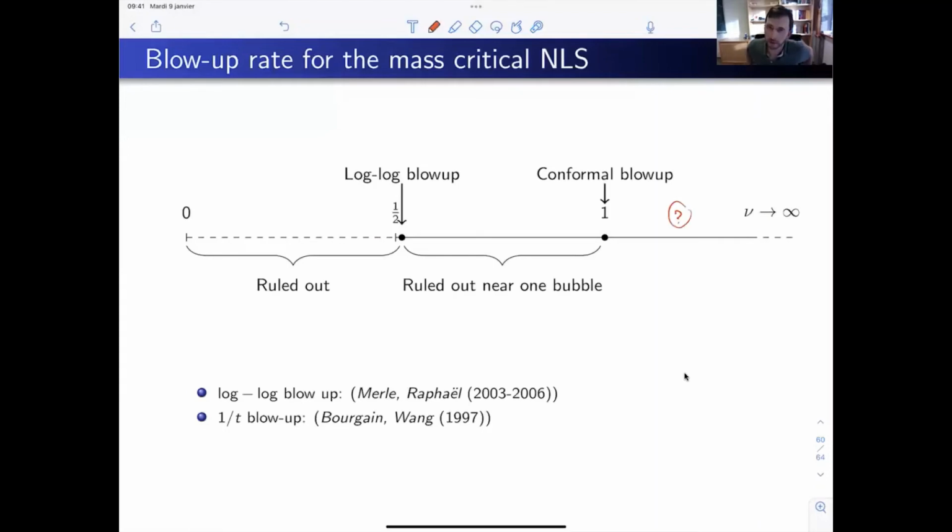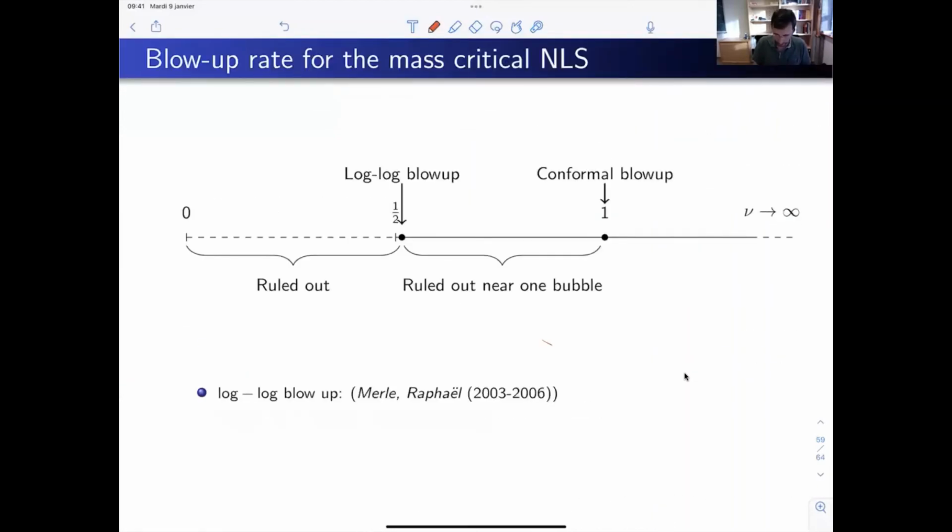I think what is interesting with all of that is that there is really a difference. You could think: NLS and gKdV, the critical ones, are two critical nonlinear dispersive equations, so somehow the picture should be the same. But no, it is not the case.